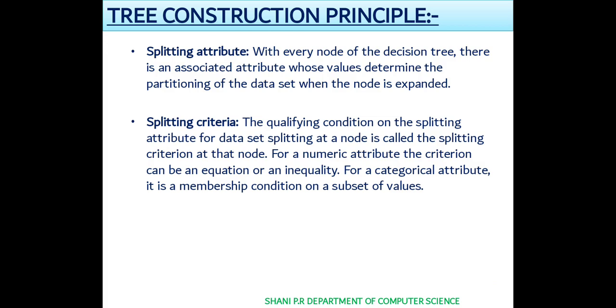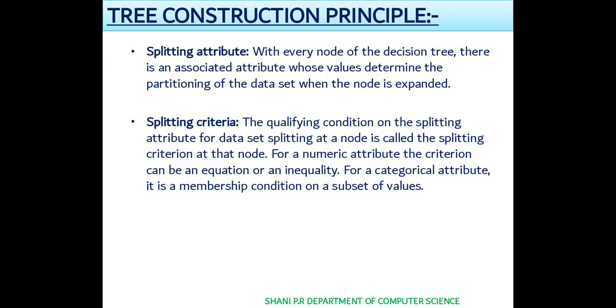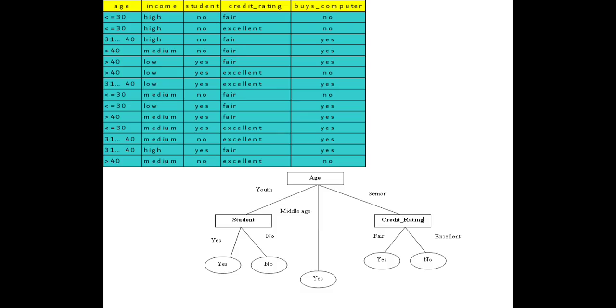So splitting attribute here means you can see some training data set, right? It's a data set where you have attributes like age, income, student, credit rating, buys computer and so on. In this diagram it is a decision tree.